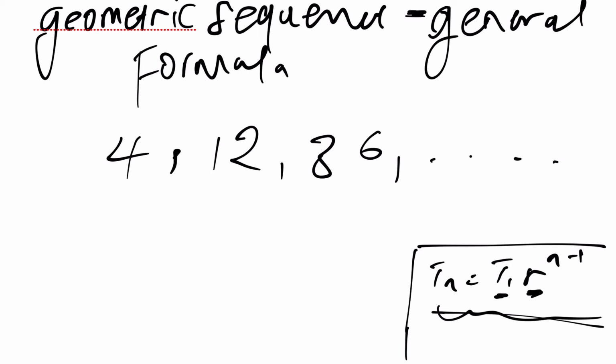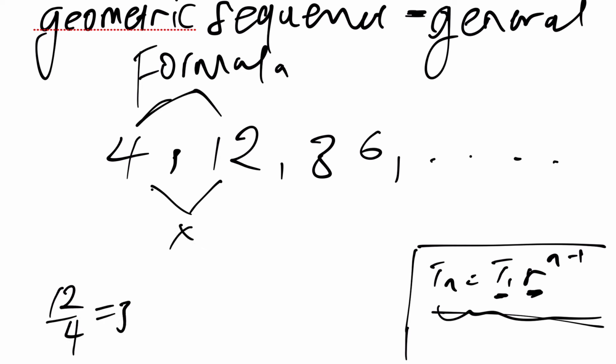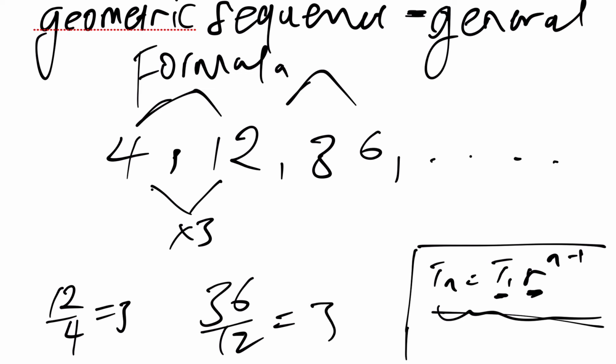But for your clarity, I'm saying that because between the first two terms, 12 divided by 4 is 3, so the common ratio is 3. Also, between 12 and 36, 36 divided by 12 is also 3.